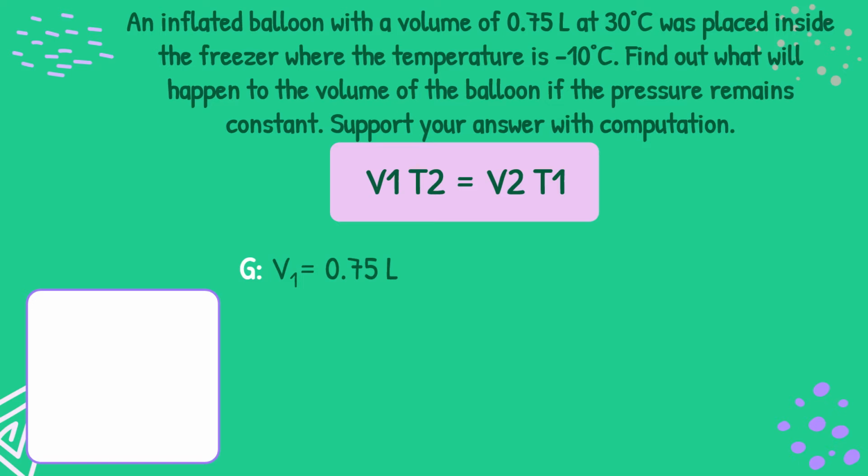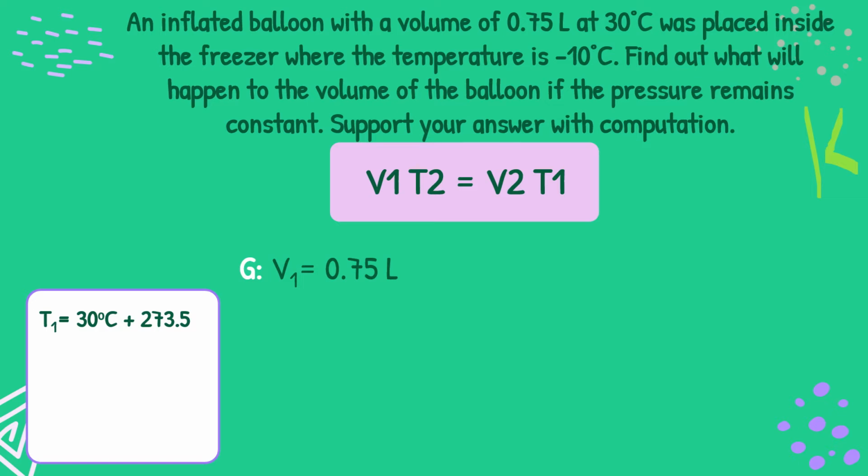So on the given, we have the initial volume, which is 0.75 liters, and a temperature of 30 degrees Celsius. Always remember to use the temperature scale Kelvin. It is because it has what we call the absolute zero, wherein a matter does not have energy at all.